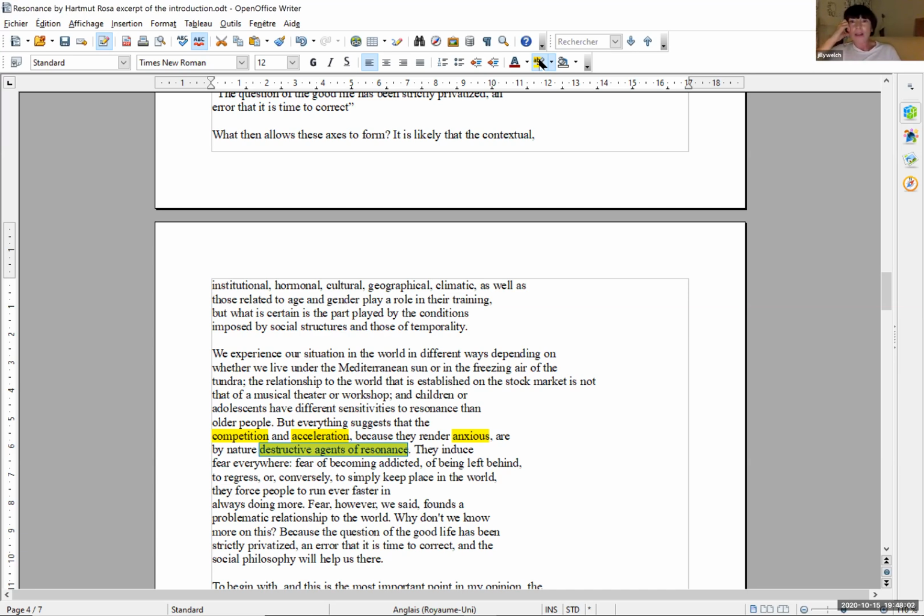For example, my son used to play lots of computer games and he got very excited by them. He was quite young. They were designed to make him react.